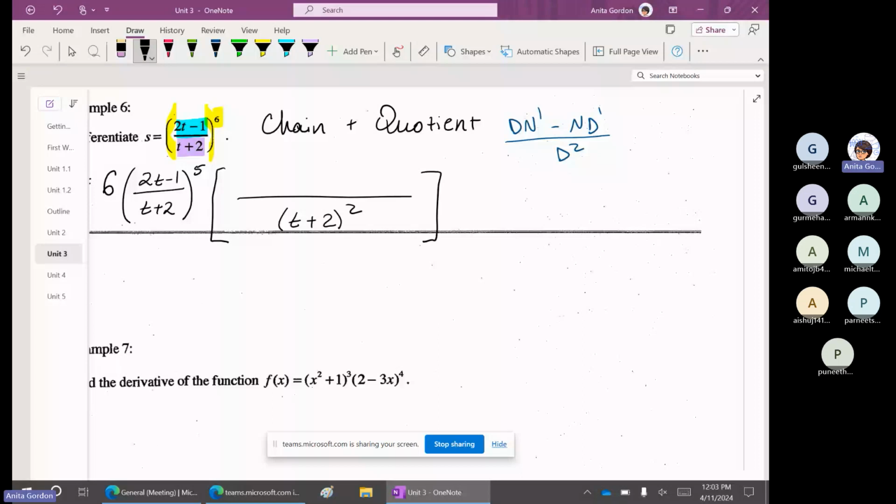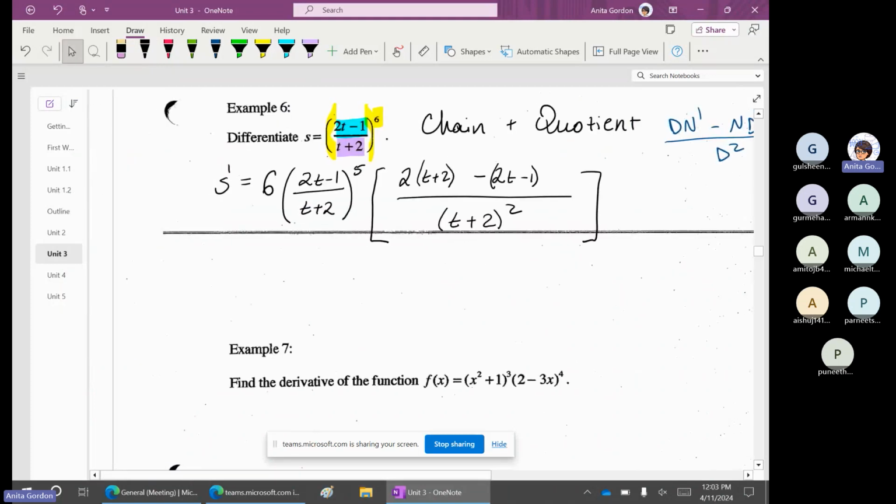All right, can someone read out what the numerator would be? 2 times t plus 2. 2 times t plus 2. Minus 2t minus 1. 2t minus 1. Oh, just as is. Yes, perfect. Wonderful. Okay, let us simplify this piece.